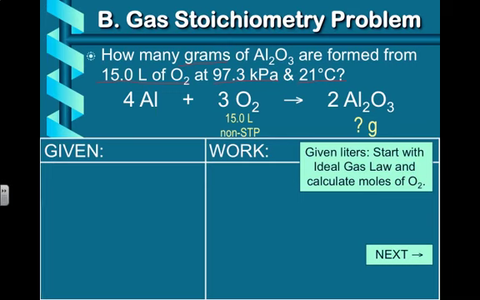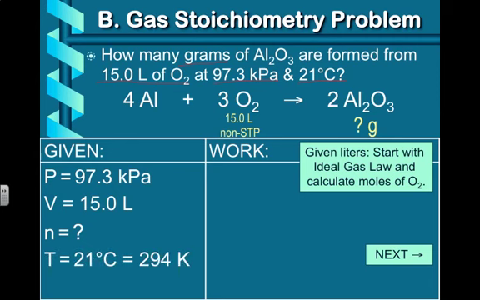So let's see what information I was given. I was given a pressure of 97.3 kilopascals. The volume is 15 liters of O2. I don't know how many moles that is, so I have to figure that out. I was given a temperature of 21 degrees Celsius, which again I have to convert to Kelvin, and R. Because our unit is in kilopascals, I'm going to use the other R. It saves us the conversion, so it makes it easy on myself.